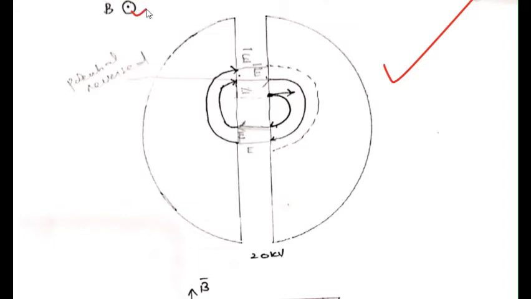So now I have released a 1 mega electron volt energy proton in this chamber. At this point, I have released a proton, and in the presence of the magnetic field, it will start moving in a circular path.